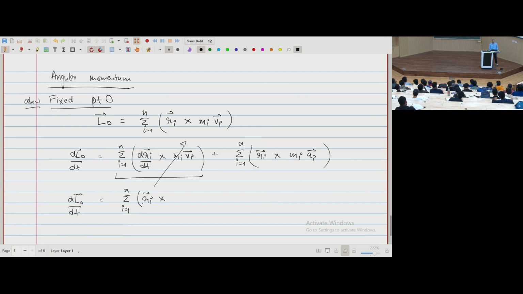Now Mi times Ai is simply the net force acting on the particle i. We will write this as the sum of capital F's on i and the sum of small f's on i.